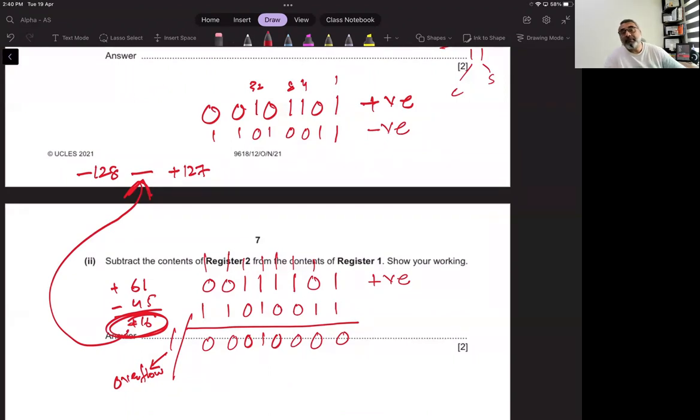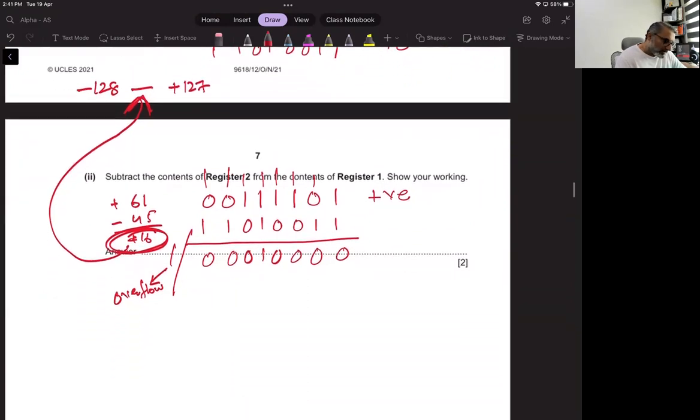But if the expected answer is out of the range, either greater than plus 127 or less than minus 128, in that case, this overflow means that you need more bits to accommodate your expected answer. Since overflow bit is always chopped off, your answer will be wrong.